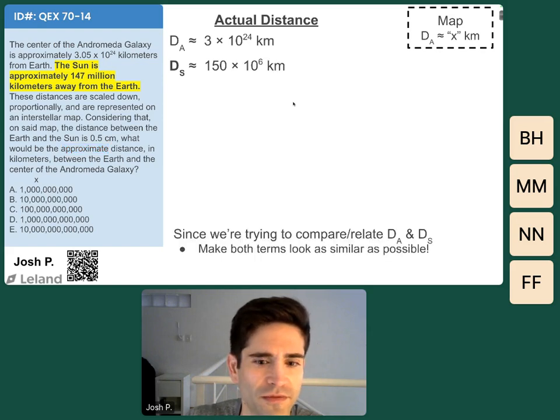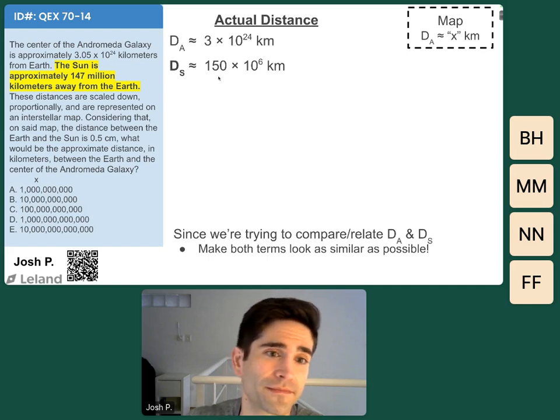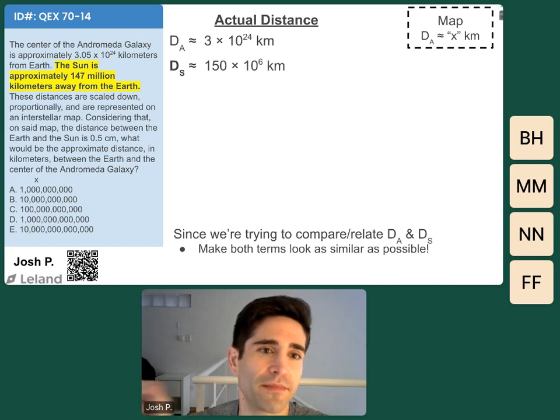Now, we want to make the terms look as similar as possible. So if we have the distance to Andromeda in scientific notation, then we should do the same for the distance to the sun. So in scientific notation, 150 million is 150 times 10 to the 6th kilometers.